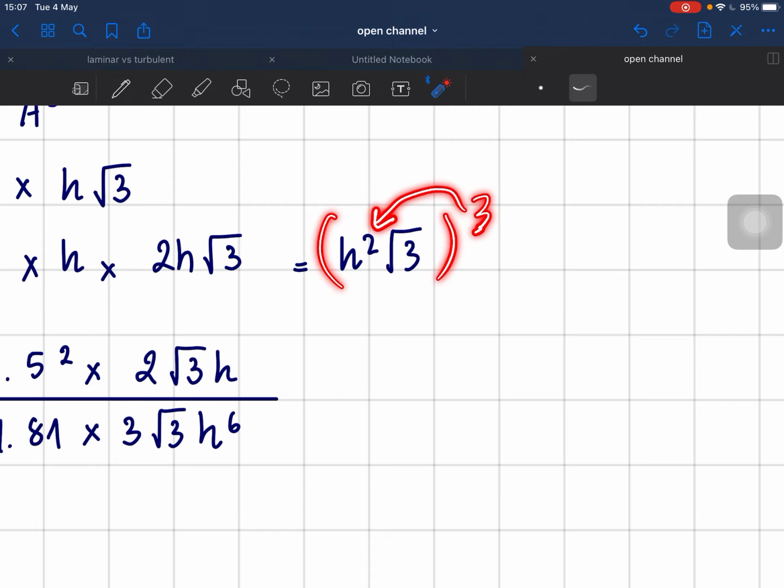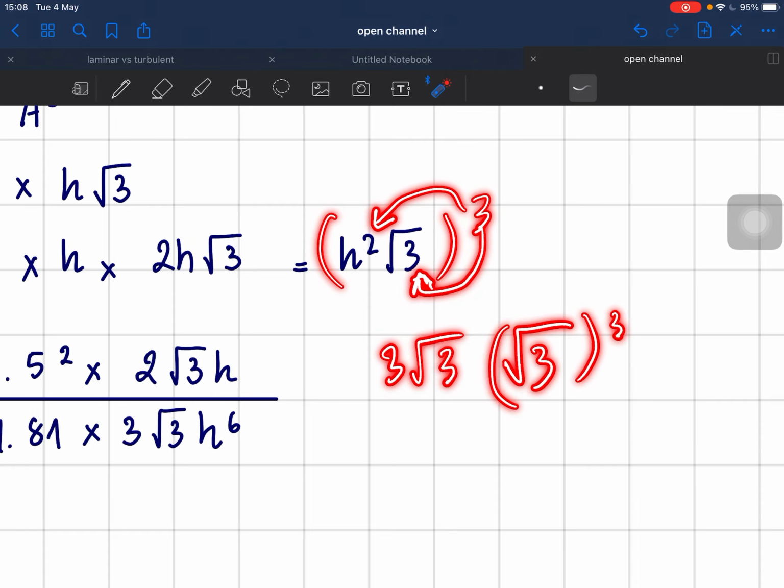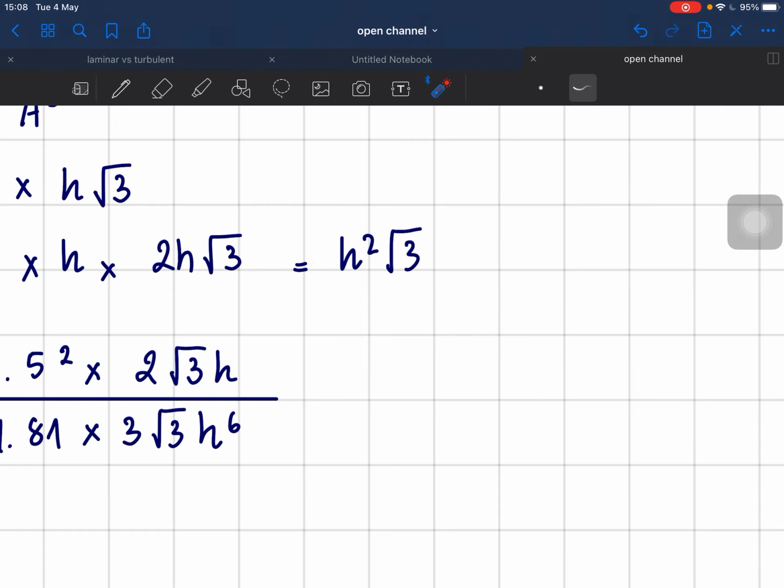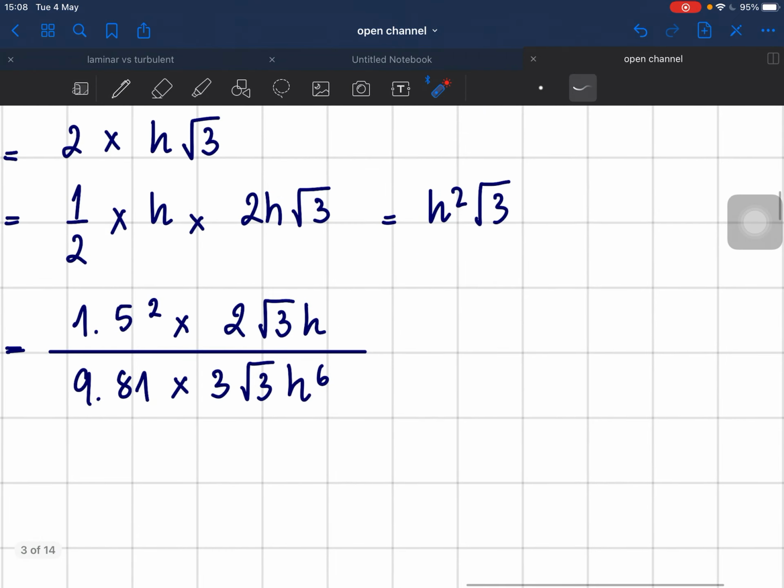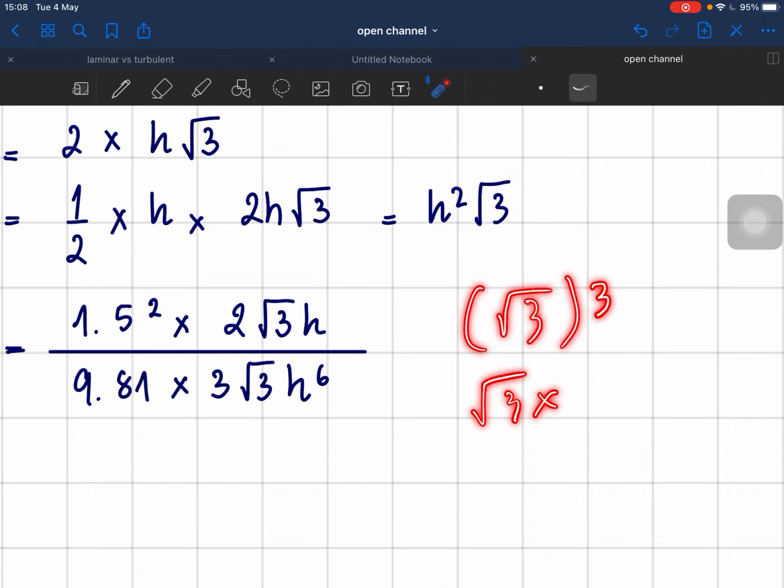So it's like this. So it could be this, because, yeah, okay. Am I right? Yeah, times like this. So this and this becomes 3, so it's 3 square root of 3.